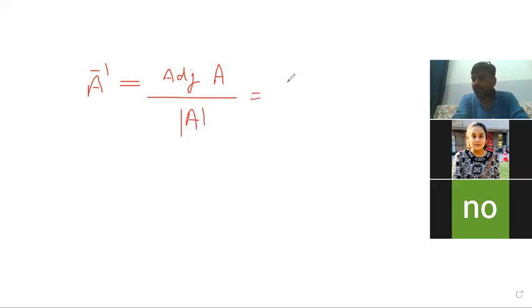Adjoint A over determinant A. We have already found the determinant, which is 18. So we write 1 upon 18. And adjoint A is 9, minus 3, 6, 6, minus 2, minus 2, minus 3, 7 and minus 2.